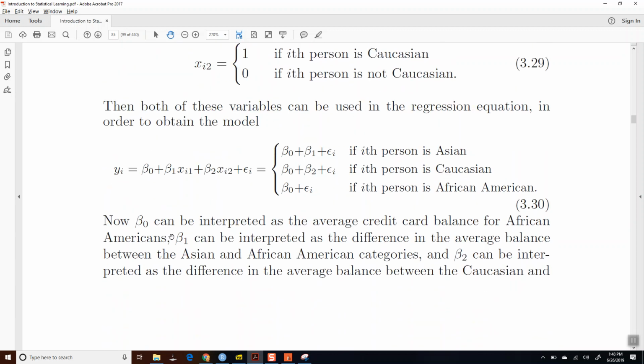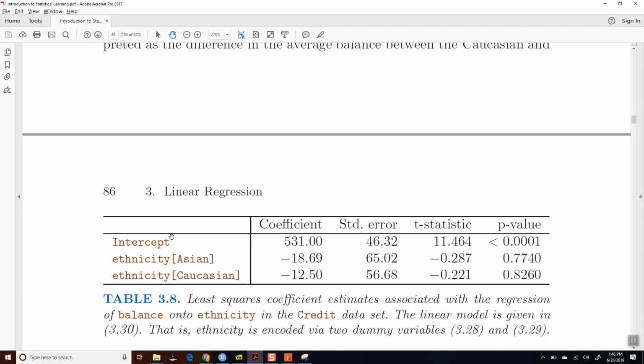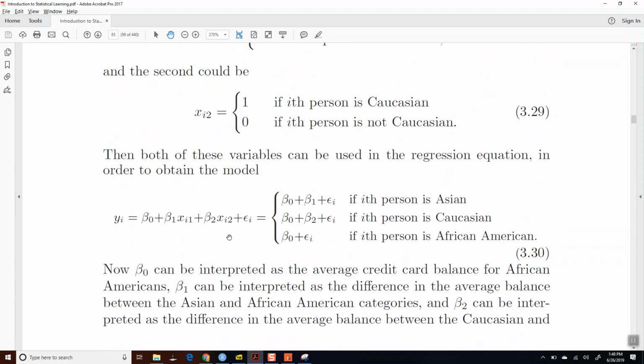Depending on how many categories you have, you can end up having a bunch of x variables. And keep in mind, every x variable that you include has its own beta to estimate, which is going to eat up a degree of freedom, right?